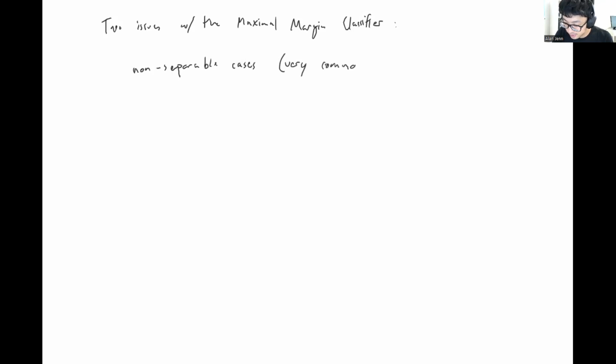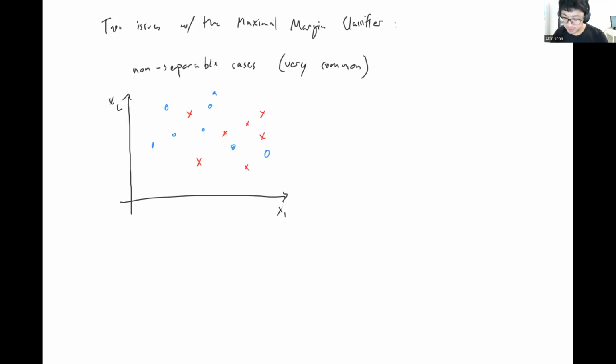So what is this? X1, X2. This is the case where there exists no single hyperplane that can separate your outcomes. In this case, there's no straight line that I can draw through these points that will perfectly separate everything.